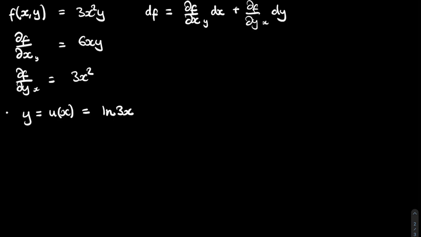So say you have some kind of composite function. Then to evaluate the derivative of y with respect to x, dy by dx is equal to dy by du times du by dx. So if we let 3x equal u, so y equals ln of u.